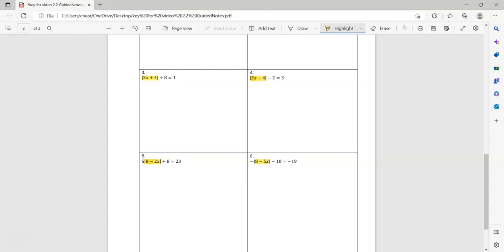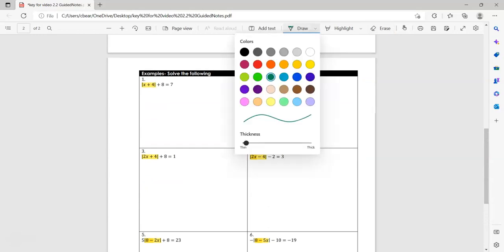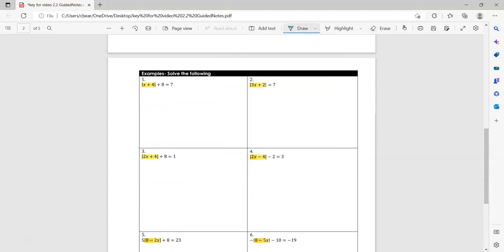Sometimes if you have a highlighter, I tell you to get your highlighter. Get that absolute value part somehow indicated so that you know what you need to get by itself first. And if you still have anything on one side of the equal sign that is not with that absolute value, then you need to move that to the other side.